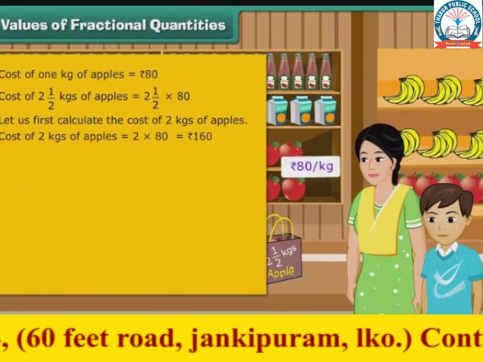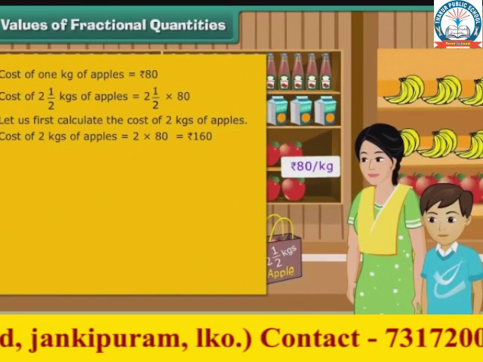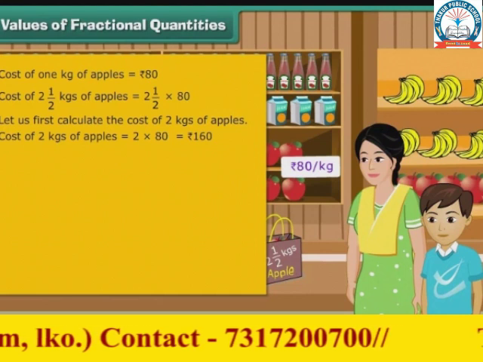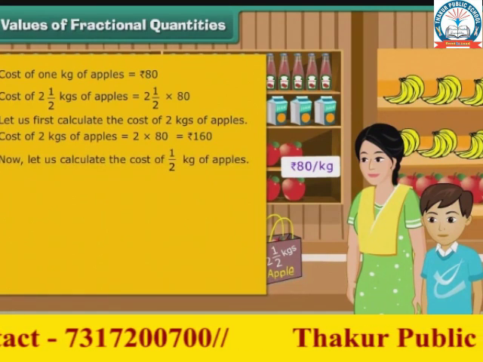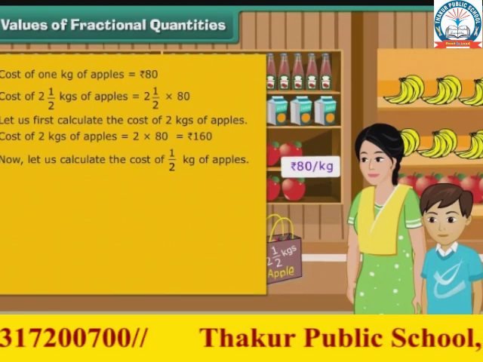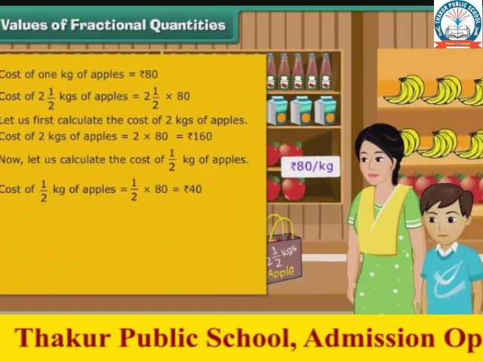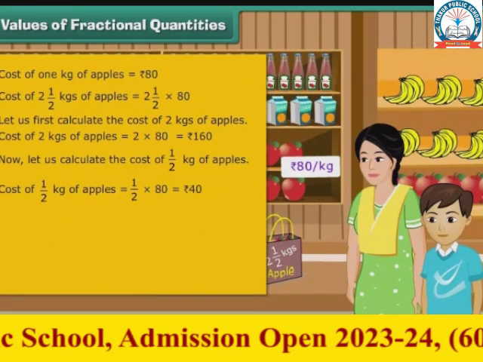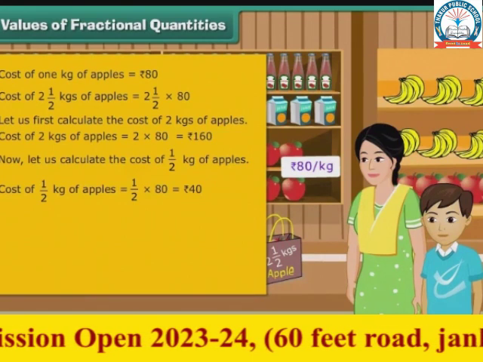Cost of 2 kgs of apples is equal to 2 multiplied by 80, which is equal to rupees 160. Now, let us calculate the cost of half kg of apples. Cost of half kg of apples is equal to 1 by 2 multiplied by 80, which is equal to rupees 40.